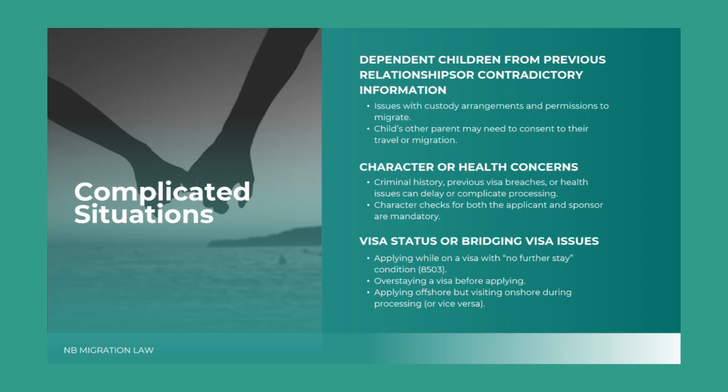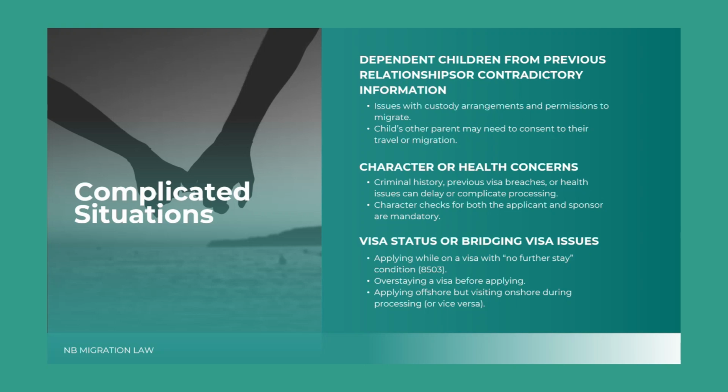And the other thing I already mentioned is character or health concerns, right? If the applicant or the sponsor has a character issue, it will definitely make the application difficult to prove to the department, especially for the applicant, because this application is leading towards permanent residency.